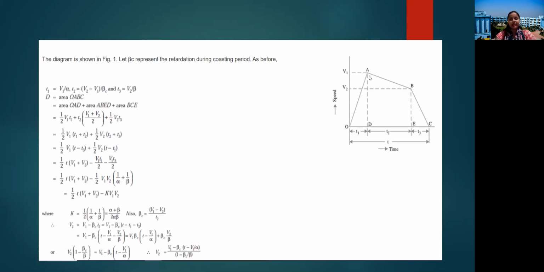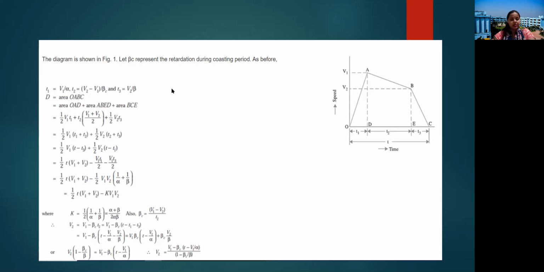In the case of area OAD, it's half base into altitude, so half into T1 into V1. For the quadrilateral, the area will be T2 into its height, V1 plus V2 by 2. And for the third part, half V2 into T3. Again, they are taking T1 and T3 common and representing T2 in terms of T1 and T3.